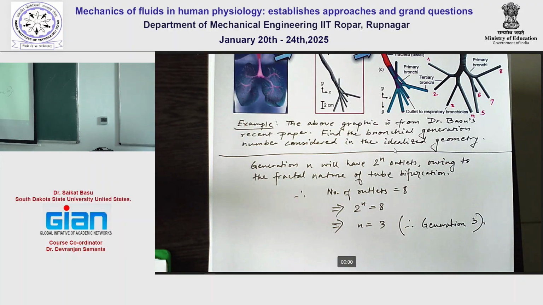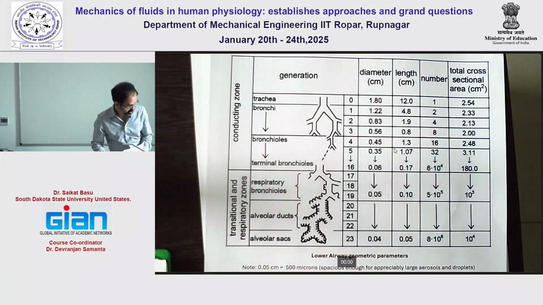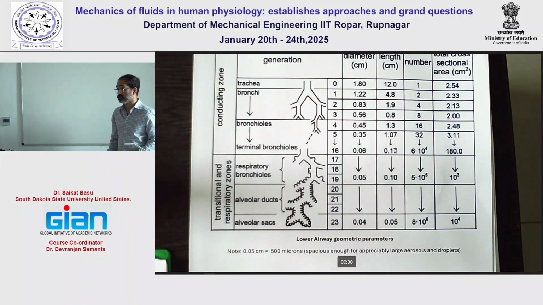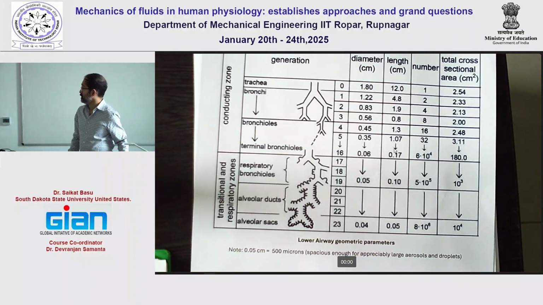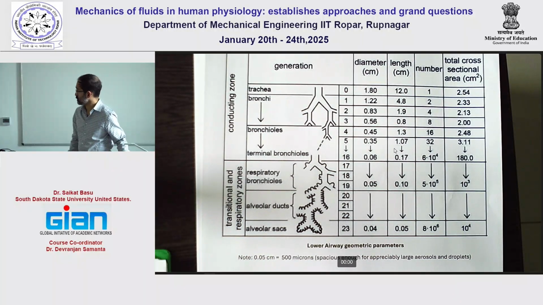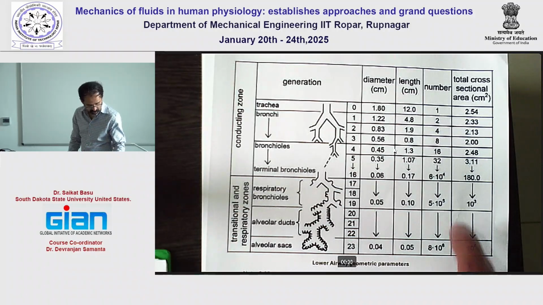Okay, so let's go to this table. This is from one of the textbooks that I mentioned yesterday. I think it is from the biofluid mechanics book by P. Nithya Rasu. So I thought that I should include this into the material because it's useful. Take a quick look at what's going on.